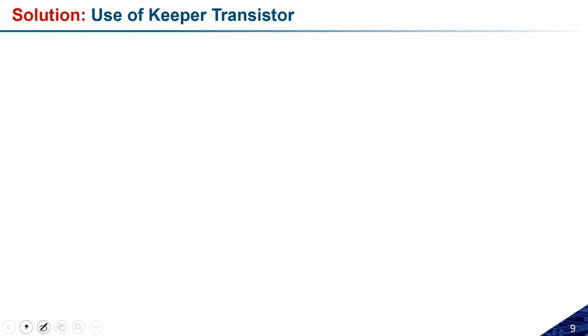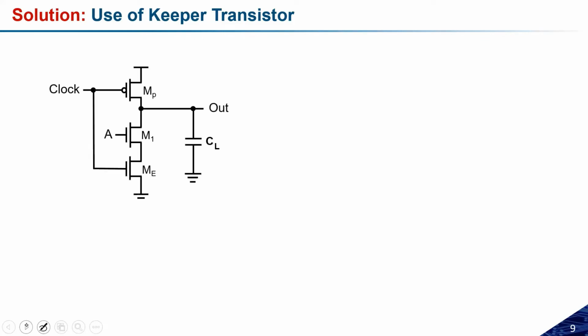Keeper transistor is similar to the level restorer in the pass transistor logic. So suppose we have a circuit something like this. We need to use one transistor in between the VDD and the dynamic node, and that should hold the voltage at the high logic.